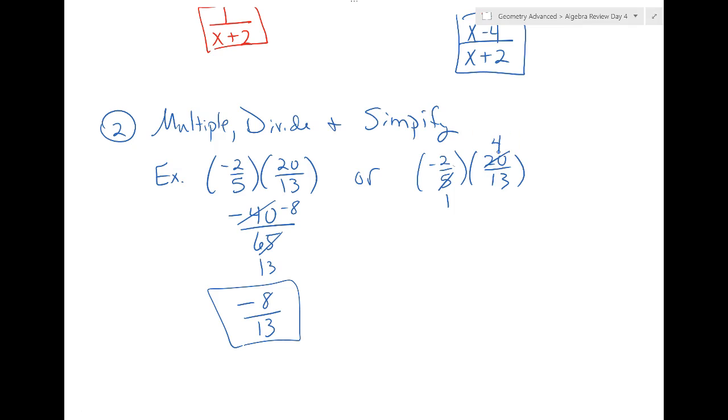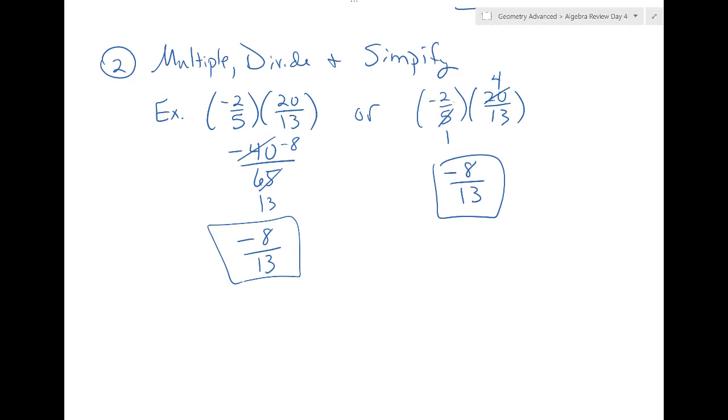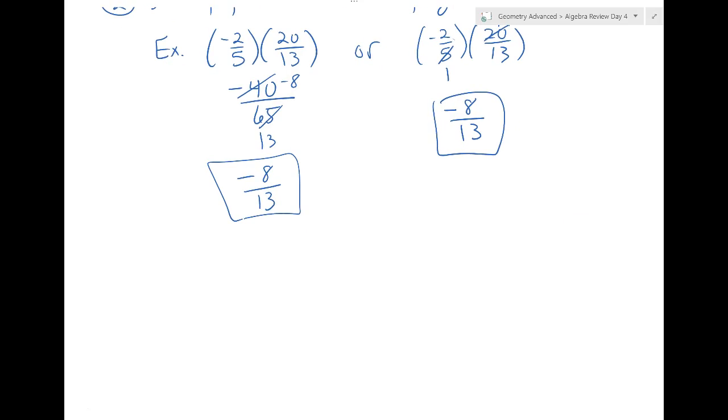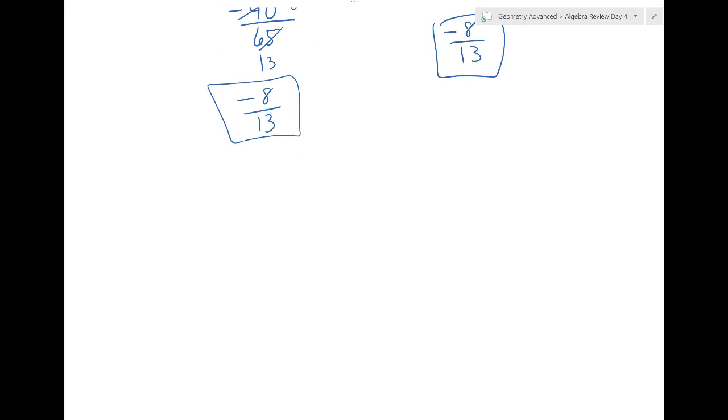There's nothing else I can reduce when I'm multiplying. Remember, this has to be with multiplying, not adding or subtraction. So I multiply my numerators together, and I get a negative 8, and my denominators together, and I get 13. Now, a lot of you, I think, are good both ways, so just make sure you pick a method that works. But remember, I'm just going to do the same thing when I'm working with fractions.